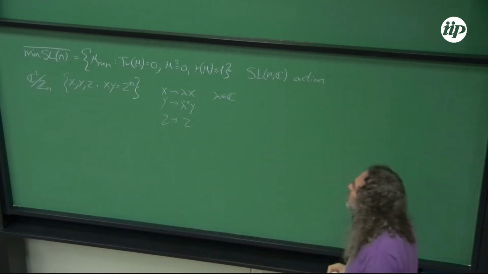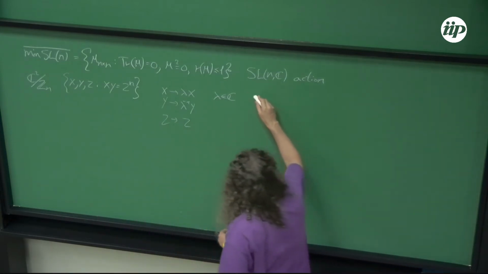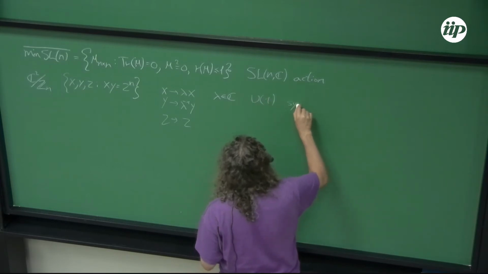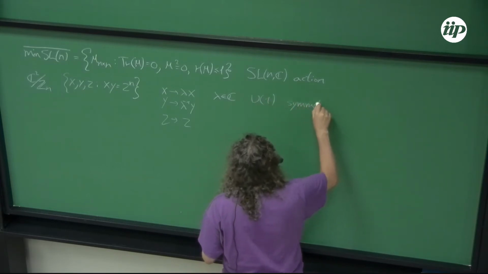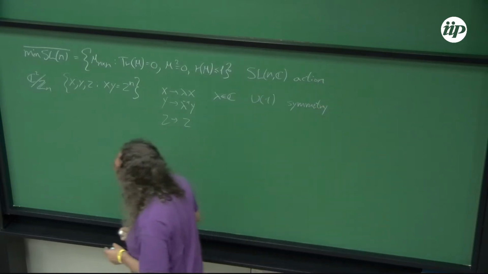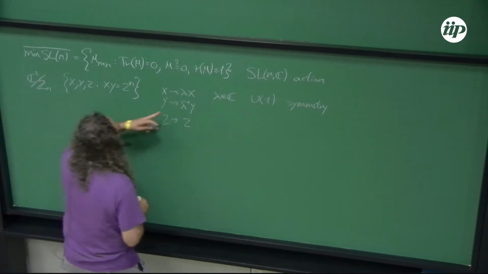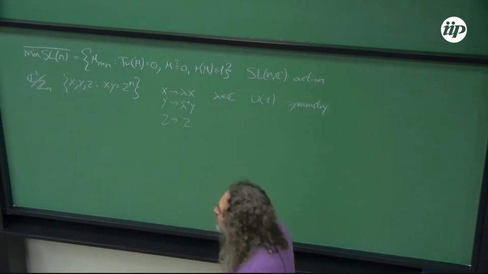That's a natural symmetry. So this is the U(1) symmetry. This is related to the statements that we were saying before, that there is an SU(N) global symmetry for the first space, and there is a U(1) global symmetry for the second space.